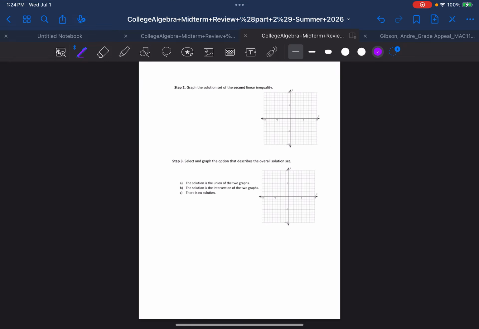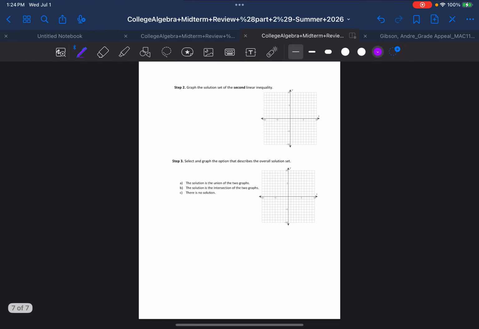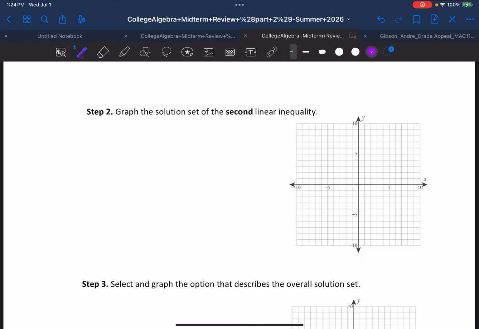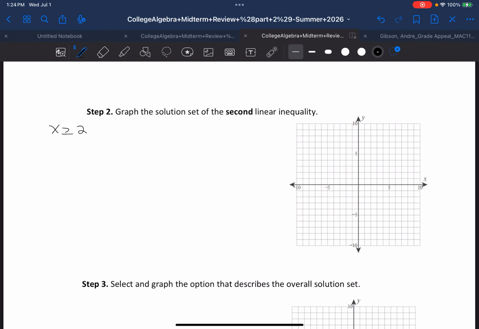Okay, step 2, we're going to graph the other one, which is x is greater than or equal to 2. So this is going to be a vertical line because there's only x, no y, and it'll be a vertical line at x equals 2.